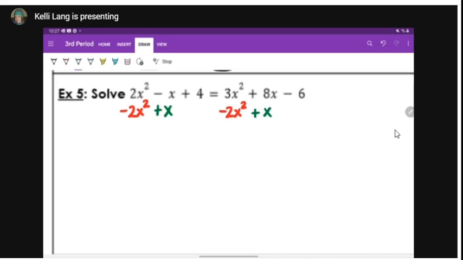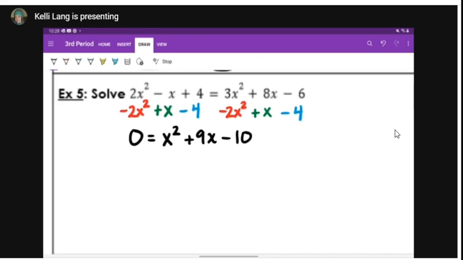So we're going to add x to both sides, and we're going to subtract 4 from both sides. Everything on the left cancels. On the right, we end up with x squared plus 9x minus 10.